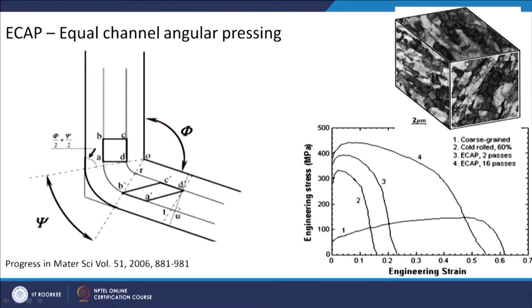The initial element in the block is shown by A, B, C, D, a rectangle, and when it goes through this angle you have maximum shear strain imposed somewhere here, at 45 degrees depending upon the angles you are taking. Now this rectangle A, B, C, D has become the parallelogram A prime, B prime, C prime, D prime. The change in shape is because of the shear strain you have put in.